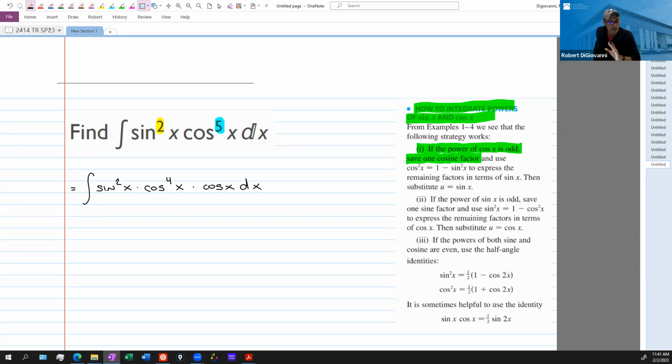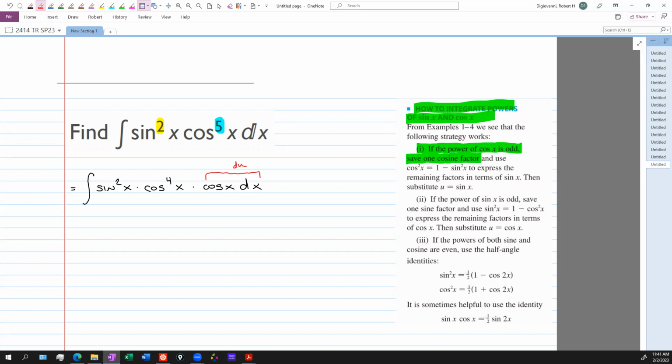And the whole point here is to understand that this now is going to be your du. That's the derivative of something for basic u substitution. That would mean that u would have to be what? Sine x. Right? So I need to somehow now get rid of this cosine and turn it into sines.